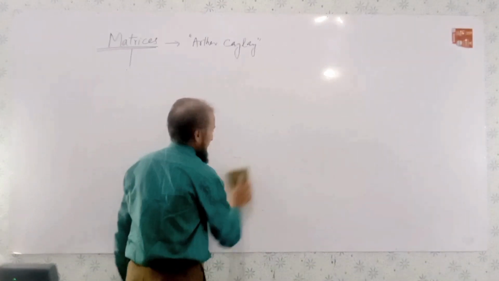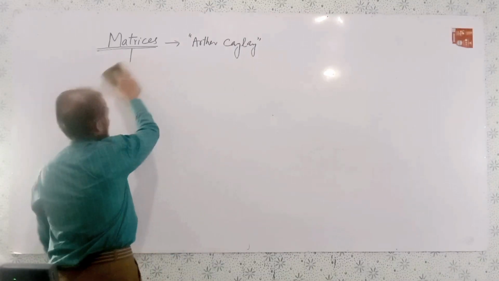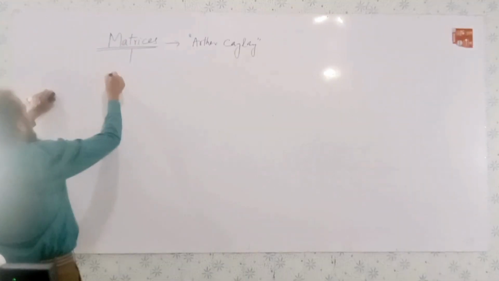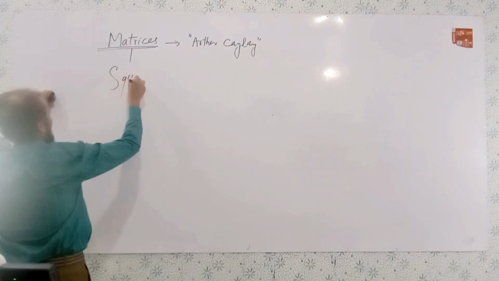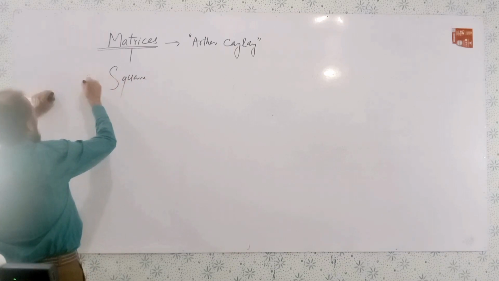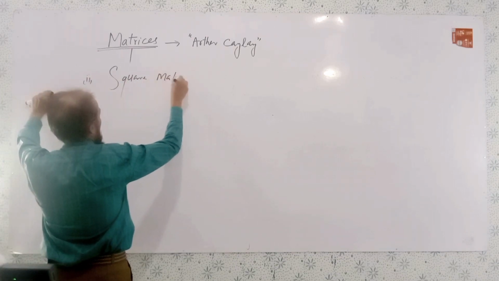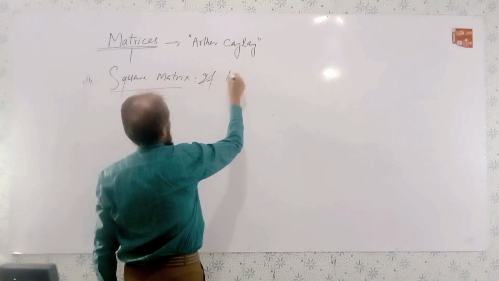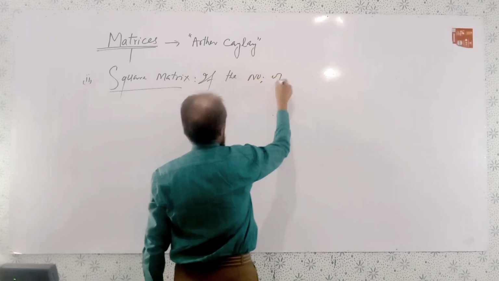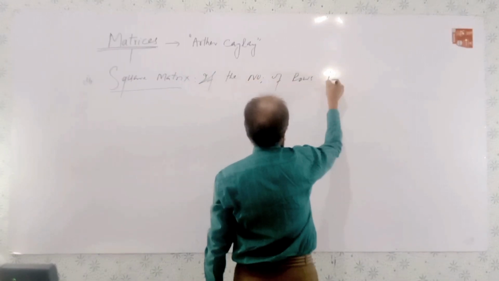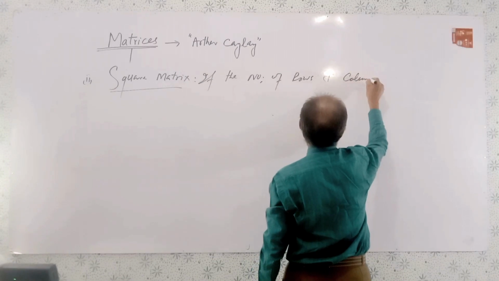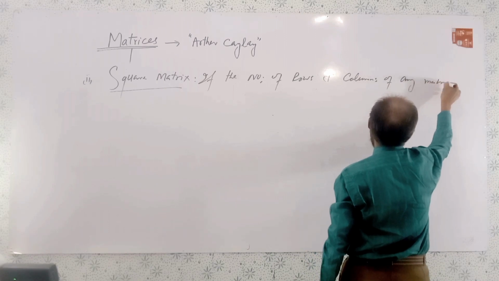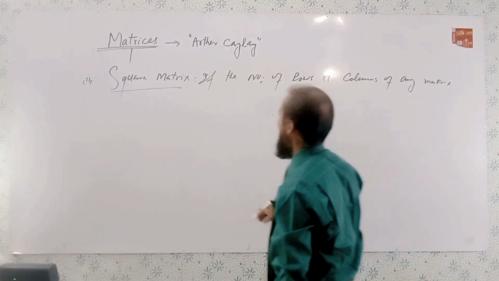A square matrix means that the number of rows and columns of any matrix are equal.